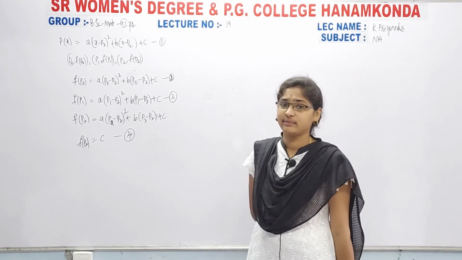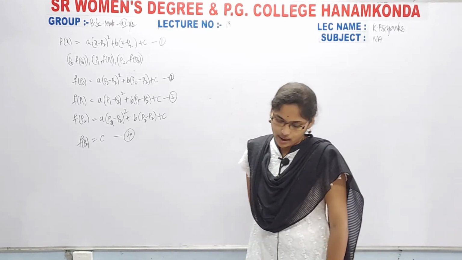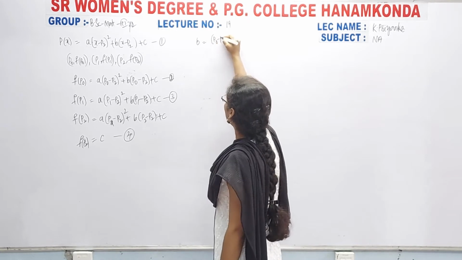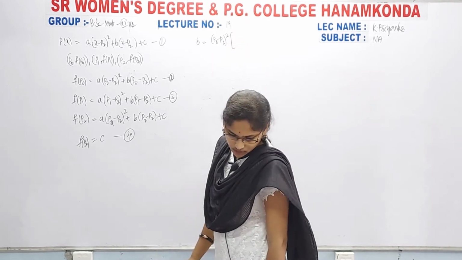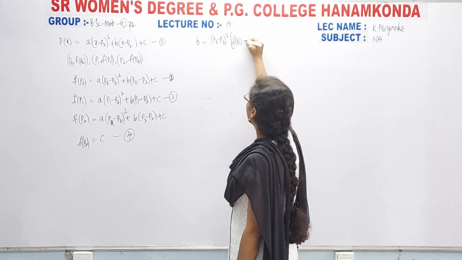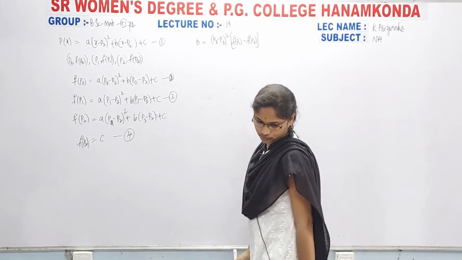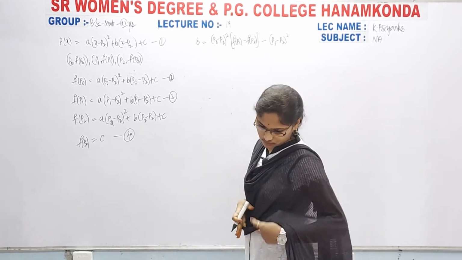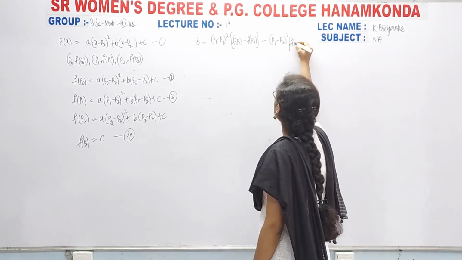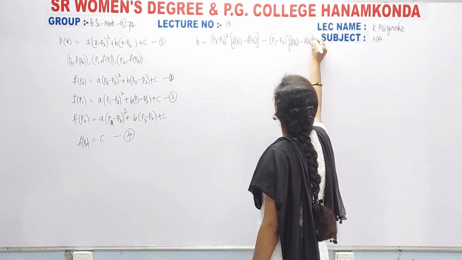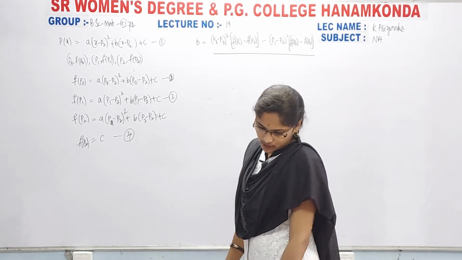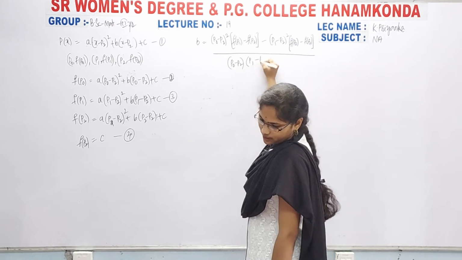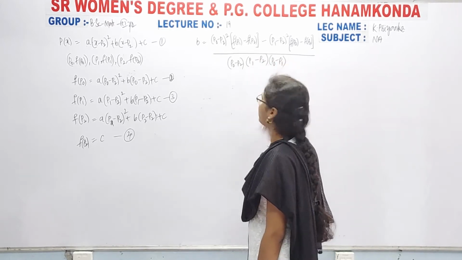Therefore the value of c is equal to f of p2. Next write down, b equal to p naught minus p2 whole square into f of p1 minus f of p2, minus p1 minus p2 whole square into f of p naught minus f of p2, whole divided by p naught minus p2 into p1 minus p2 into p naught minus p1.